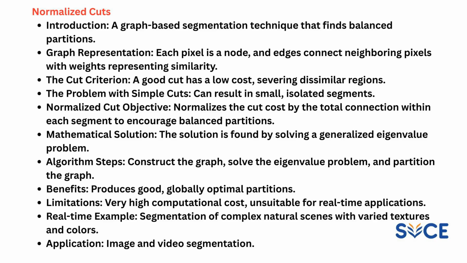And the third is to solve the eigenvalue problem to find the optimal eigenvectors. Then partition the graph based on the signs of the eigenvector values, basically. So these are some of the steps involved in this.